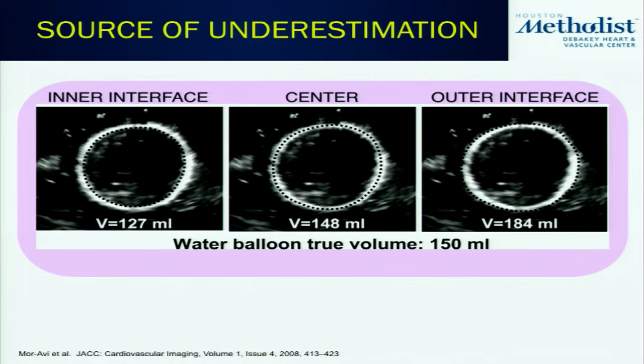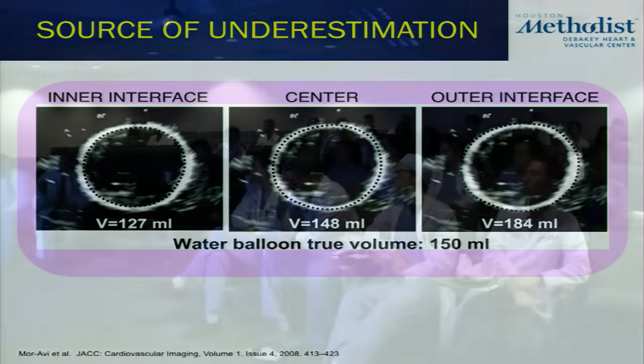You see the cavity dark, but the question is, where's the border? And the larger the cavity is, the worse your underestimation, just like you saw. Why? Because 1 millimeter or 2 millimeters on a large cavity is like 20, 30 cc's.